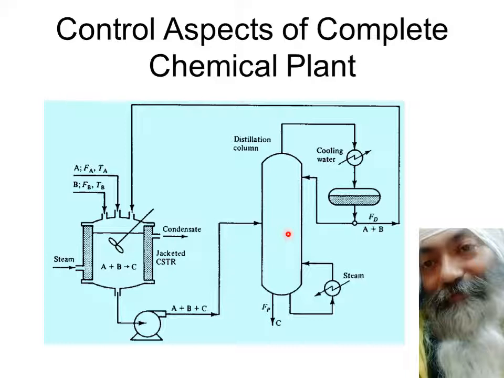Once we have the complete picture, you see, the control aspects become complicated. As a control engineer, we have to take into account the coupling factors, the tight interactions between these two simple units. And imagine you have hundreds of these units, all connected to each other in some recurrent manner.